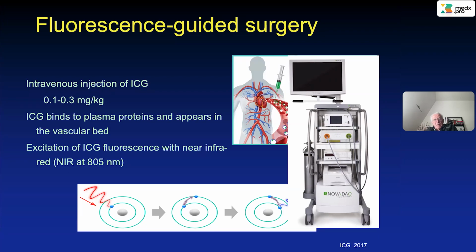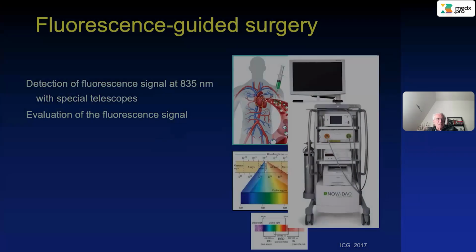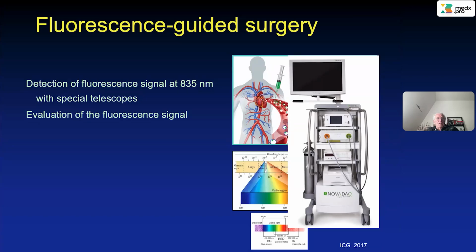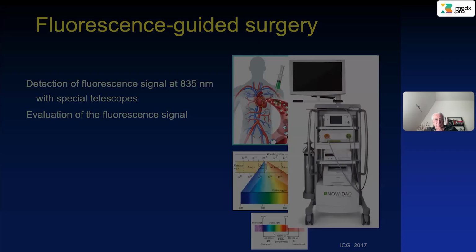And if you have a camera that's capable of detecting that fluorescence, you get a vision of what the protein is that's carrying the ICG. And these special cameras or telescopes are readily available, as I said today, either with Storz or with Stryker.